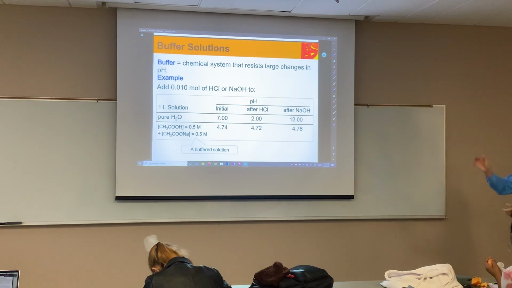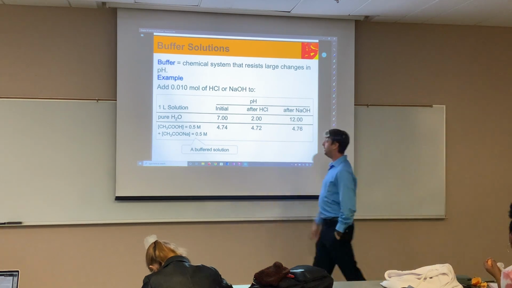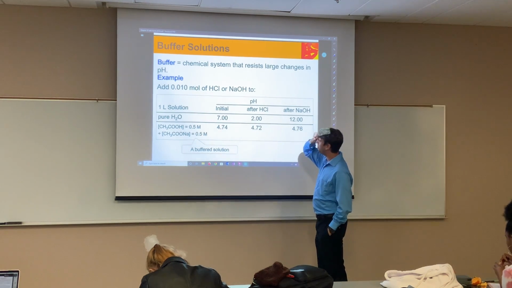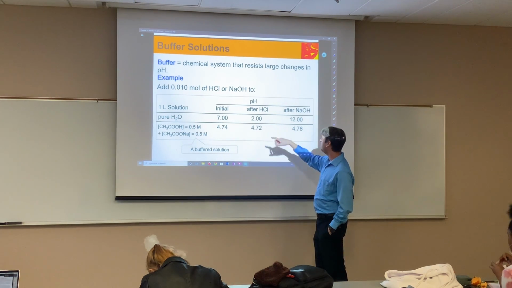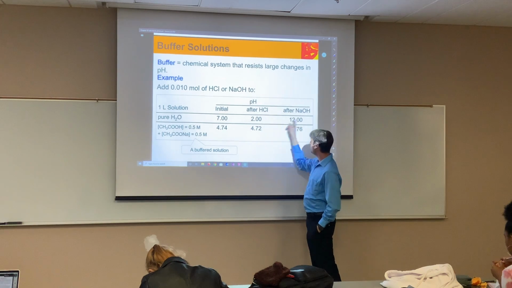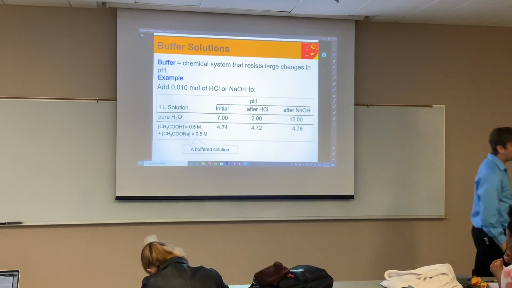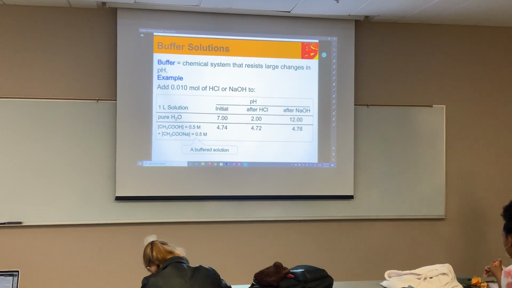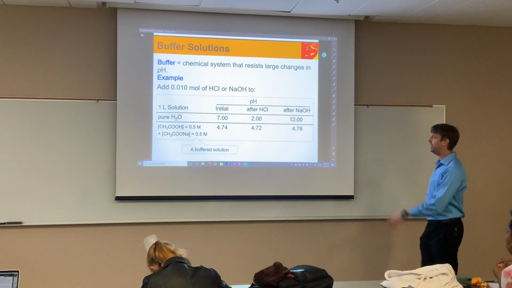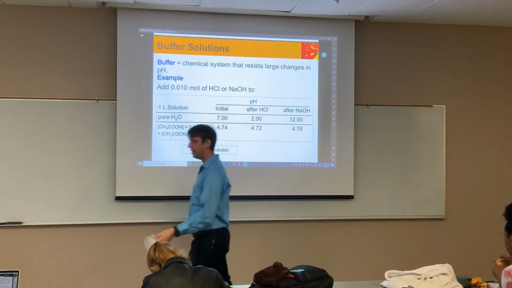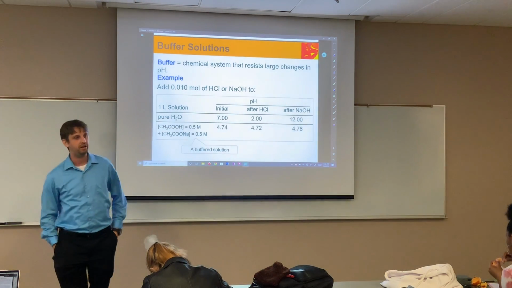All right, so just to put some numbers with all this: if I have some pure water, we assume that our pH is 7. If I add just 0.01 moles of either an acid or base, we have a massive shift in our pH one direction or the other. Hopefully at this point you could calculate that concentration given the values we have here. We recognize it's a strong acid, so it completely dissociates, and so on.